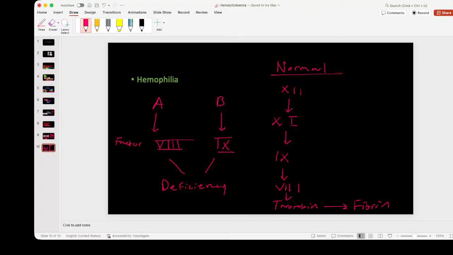The next one here is hemophilia. Hemophilia is essentially a deficiency. I don't know if anybody has seen the lecture where I talked about platelets and clotting factors. Well, this is essentially what that is. When a patient has hemophilia, it's because they are lacking certain clotting factors, which include factor 8 and factor 9.